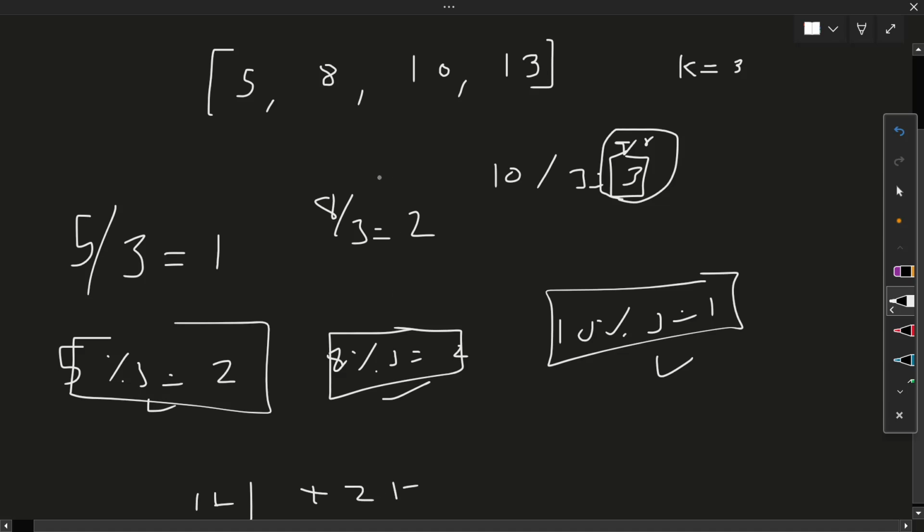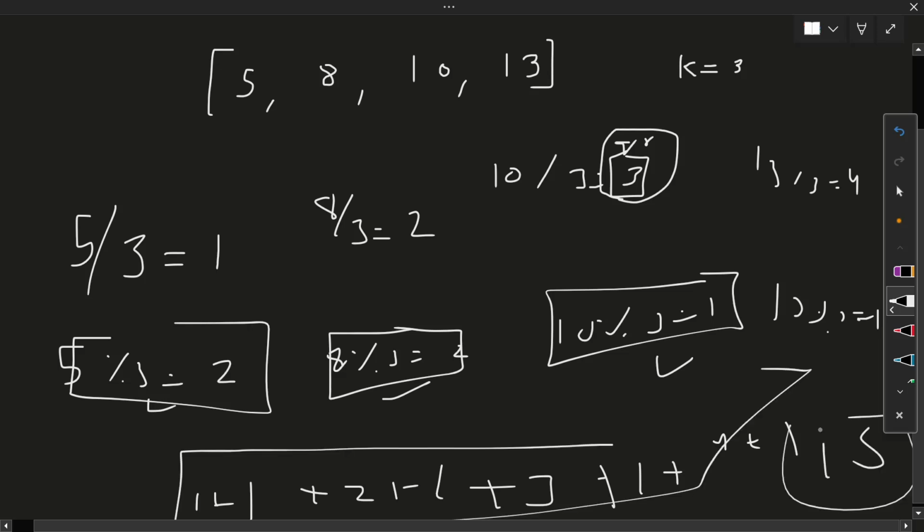Then we have 2 and 1 for this remainder. Then we have 3 as the quotient, and 1 for this remainder. Same for 13. 13 divided by 3 is 4. So 4 and 1 for the remainder, because 13 modulo 3 is 1. So after adding all this, the answer is 15. So that's about this question.